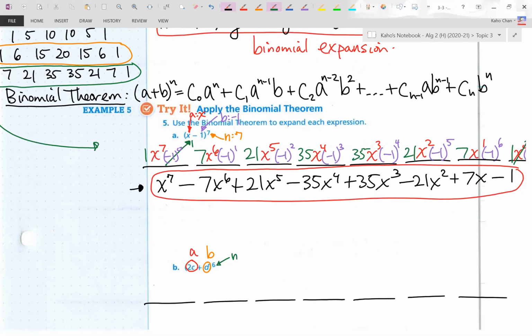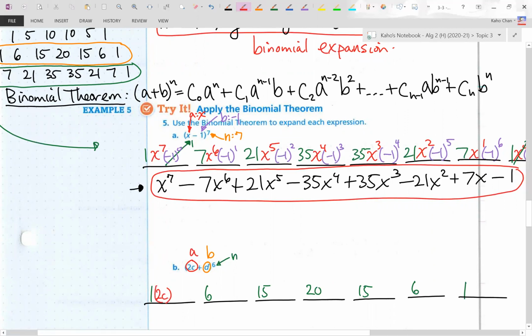All right. 1, 6, 15, 20, and then back again. Then I'm going to put in my A values. Ooh, 2C to the 6th power. This is a little bit of work here. We're going to have to clean those up.